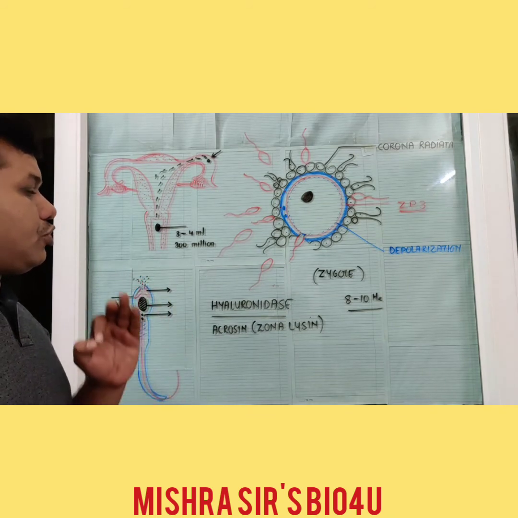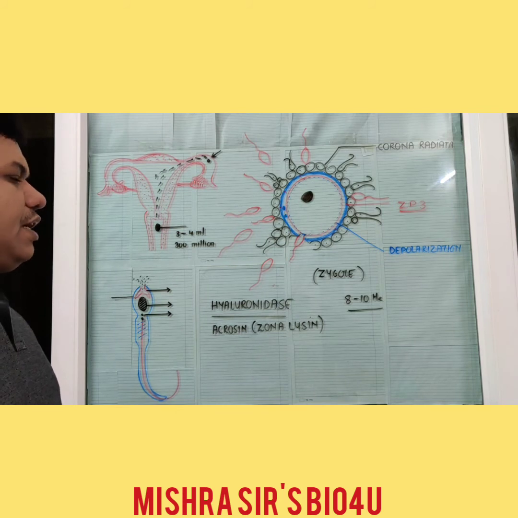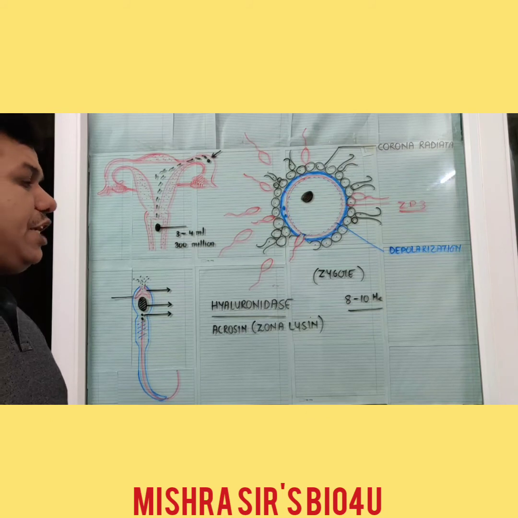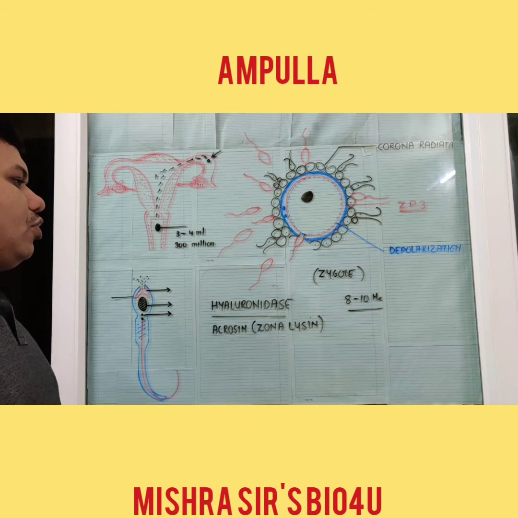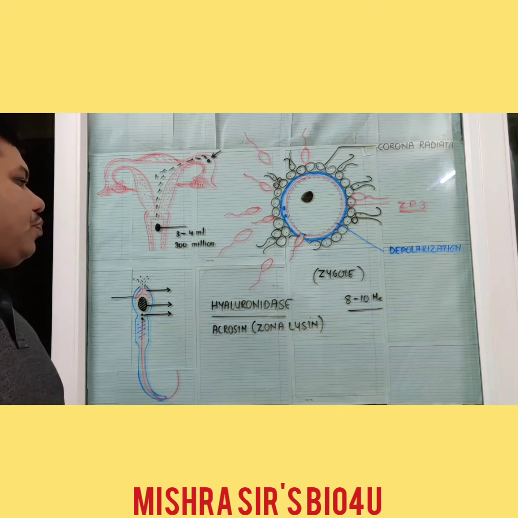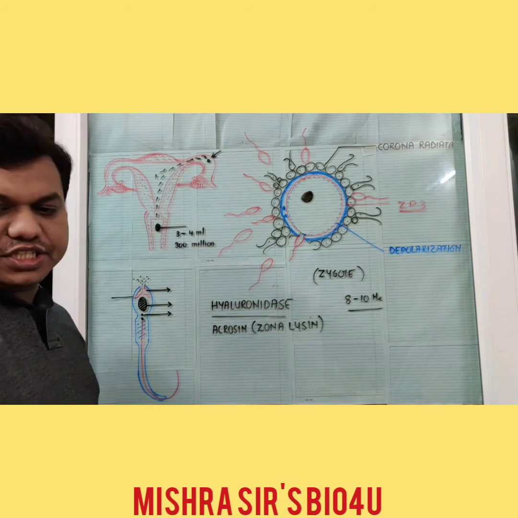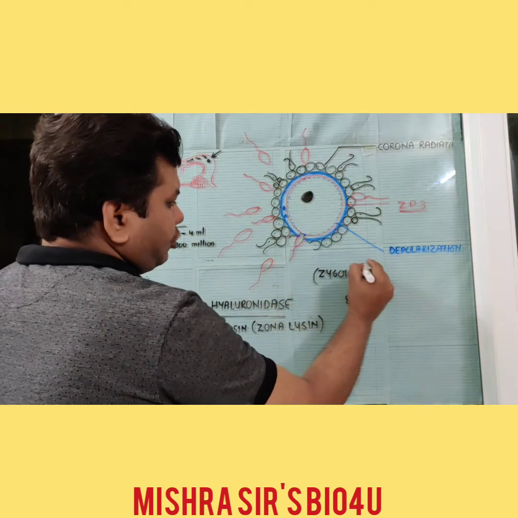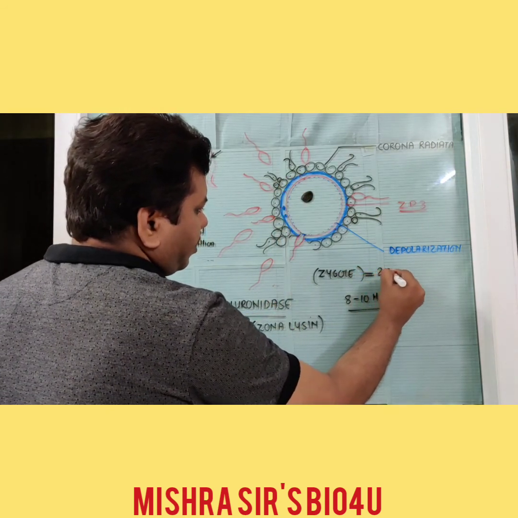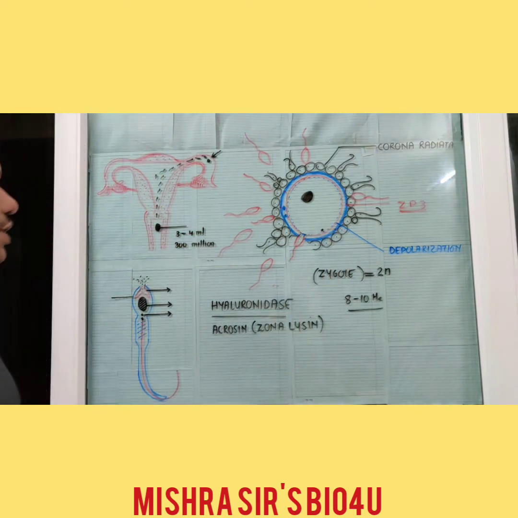Remember, when the process starts, it starts in the ampulla. Is it clear? The entire process is completed there. So if I ask you a question for the site of fertilization, then you can easily say it is nothing but the ampulla, or you can say fallopian tube. Remember, the major changes which fertilization brings about are, first, the haploid structure changes into a diploid zygote, and also the proximal centriole makes an entry.